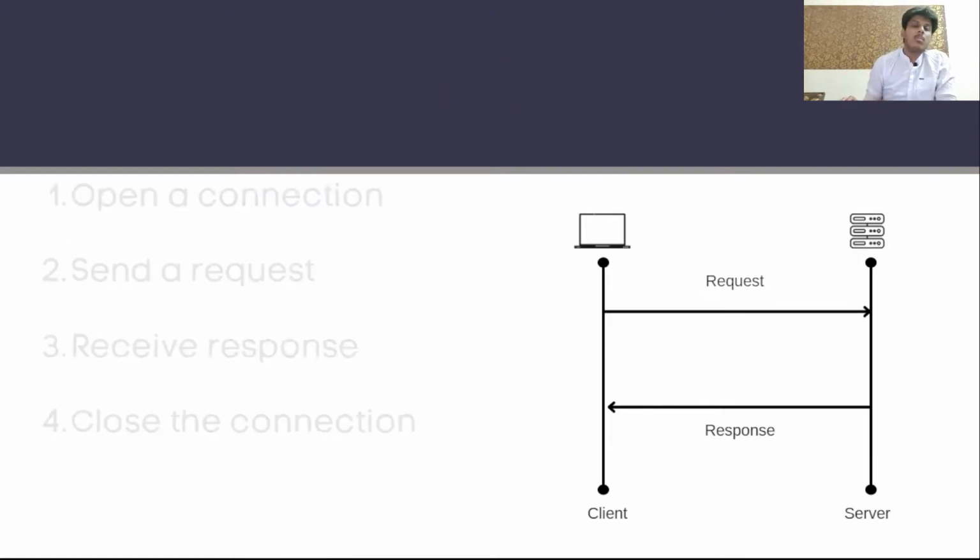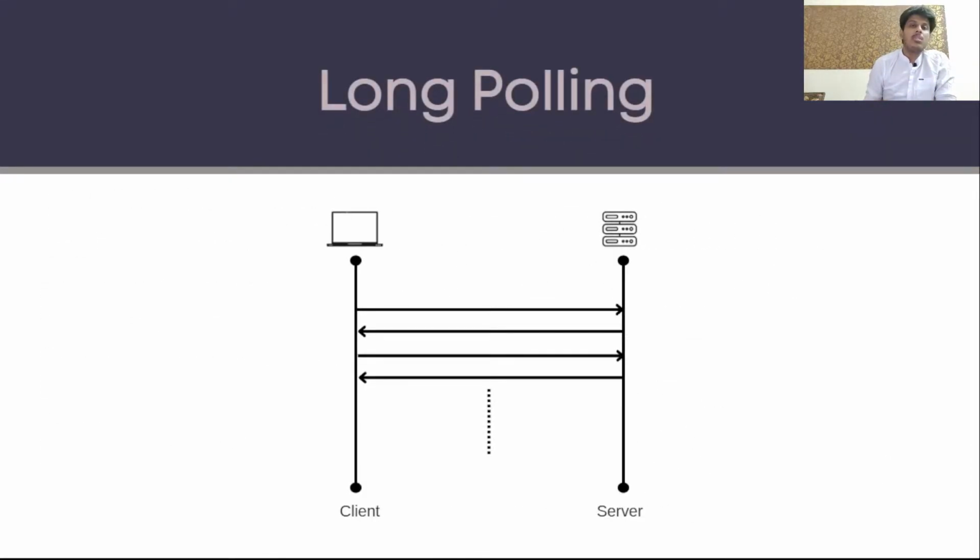So what happened? That's when we were introduced to long polling. With long polling, the connection that was set up traditionally, the request-response cycle, persisted for a little longer. That is, the server had an opportunity to collect more than a single piece of data and send it back in a single response.